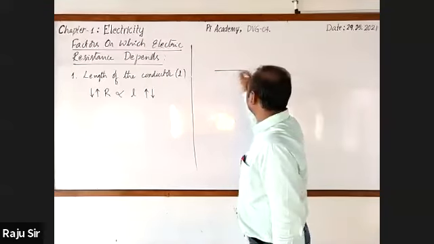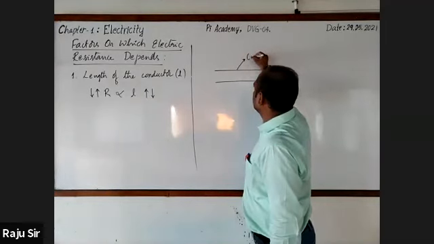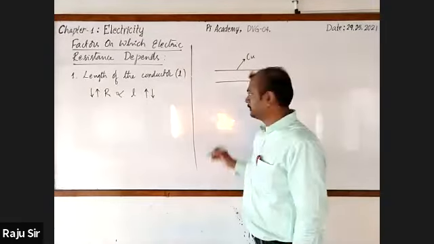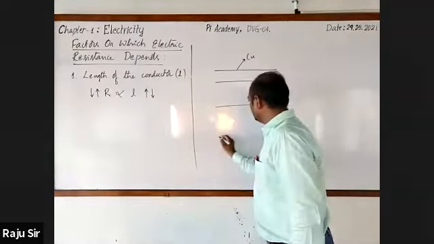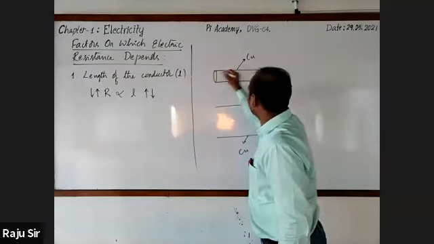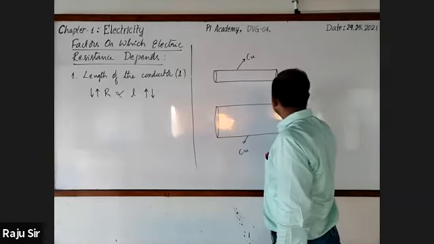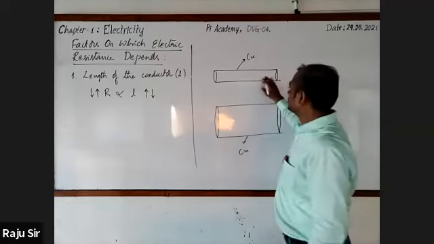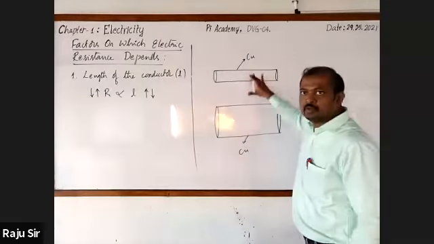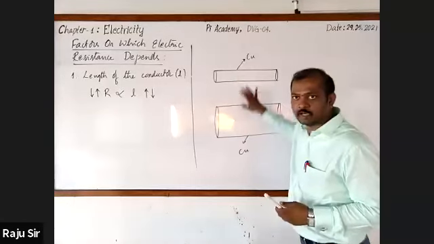Here, now again I'm going to take two conductors. The first one is copper. Even the second one is also copper. See that? We have taken two wires of the same kind. Both are copper only.